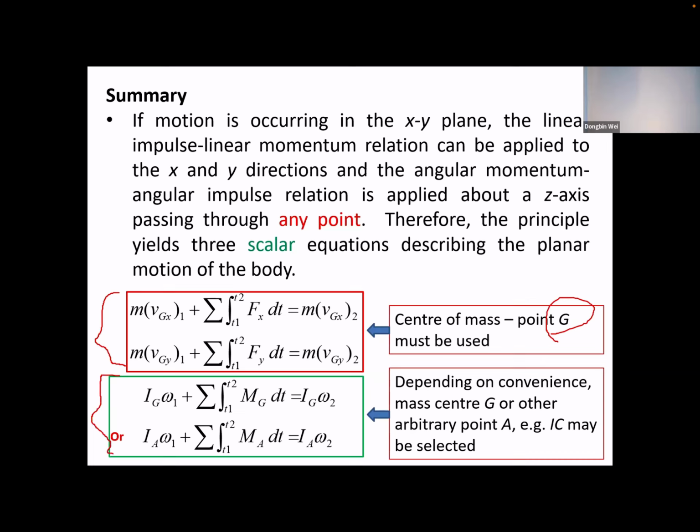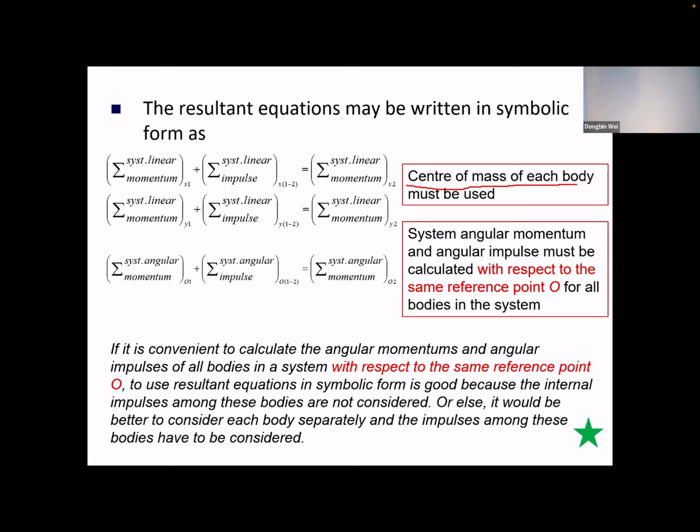If you have more than one rigid body in a system, then when you use these equations, for the linear part, simply use the center of mass of each rigid body for your calculation, then simply add up. But for angular impulse and momentum, for all the rigid bodies, the calculation must be about the same point.